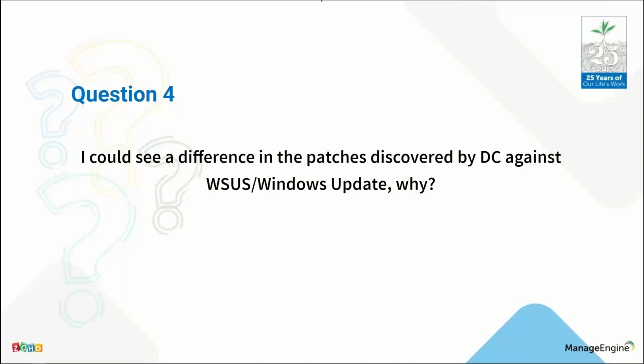WSUS detects the updates only from its source, but Desktop Central supports patches from varying sources like Windows Updates, Microsoft Catalog, and WSUS. And also, Desktop Central does not support superseded patches, as they are not required to be installed by Microsoft best practice recommendation. These are the reasons you may find the difference in patches discovered by Desktop Central against WSUS or Windows Updates.